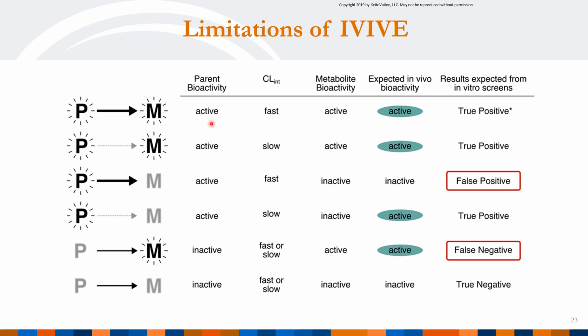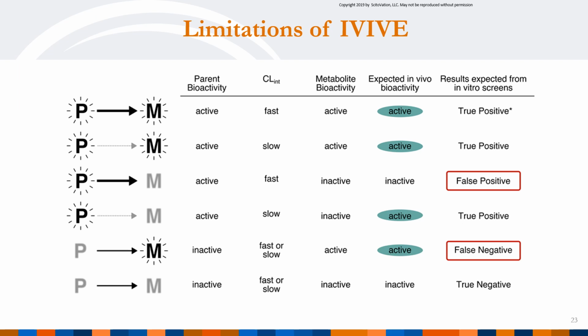When the parent compound is active and the metabolite inactive, the results depend on the clearance. If the compound is cleared quickly, no effects will occur, as the compound will not be in the body long enough to have deleterious effects. However, in a cell culture system, we expect to see a positive response, which we call a false positive in this context, as the in vivo bioactivity is expected to be negative.